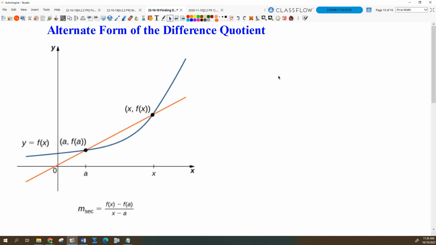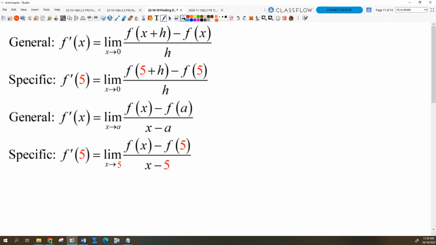If I made a slope triangle from this point to this point, my rise is just the difference in the y values, f of x minus f of a. And my run is just the difference in the x values, x minus a. Okay? And so I could then take the limit of that, the limit of my difference quotient as x approaches a, for example.